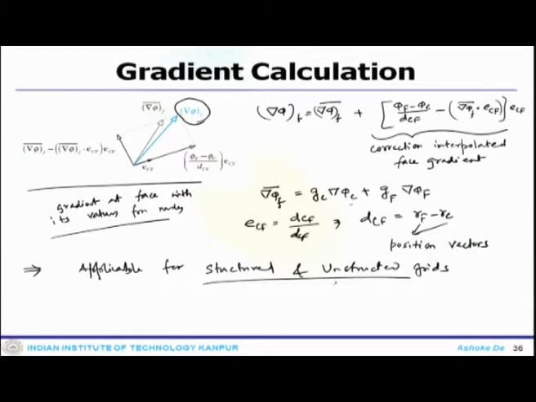So one can always come back, and the formulation used for the unstructured grid can always be used for the structured grid. But for unstructured grids, while the stencil used for the face gradient might not be decreased, the gradient across a face will still be based on the nodes which are connecting the faces.